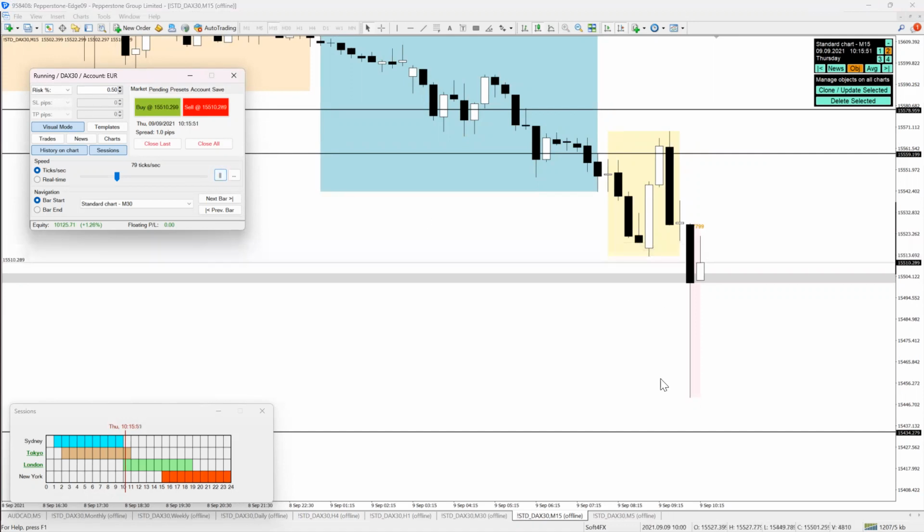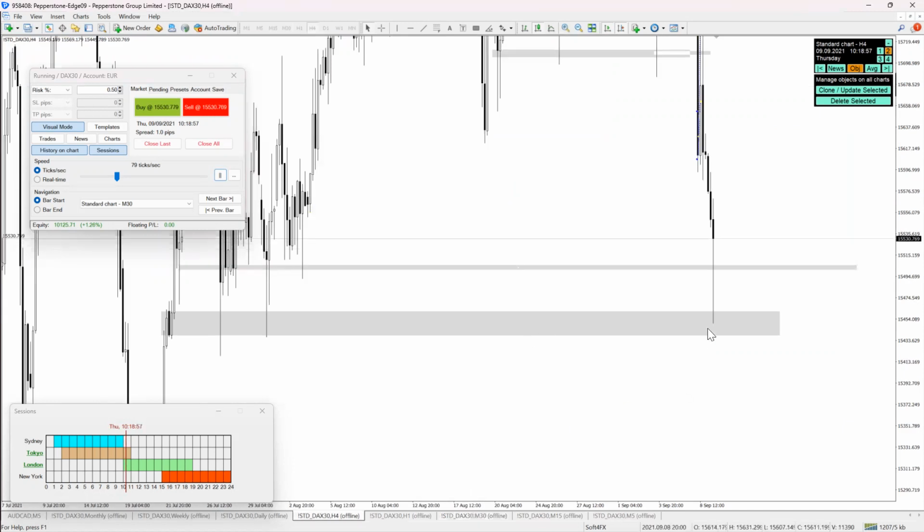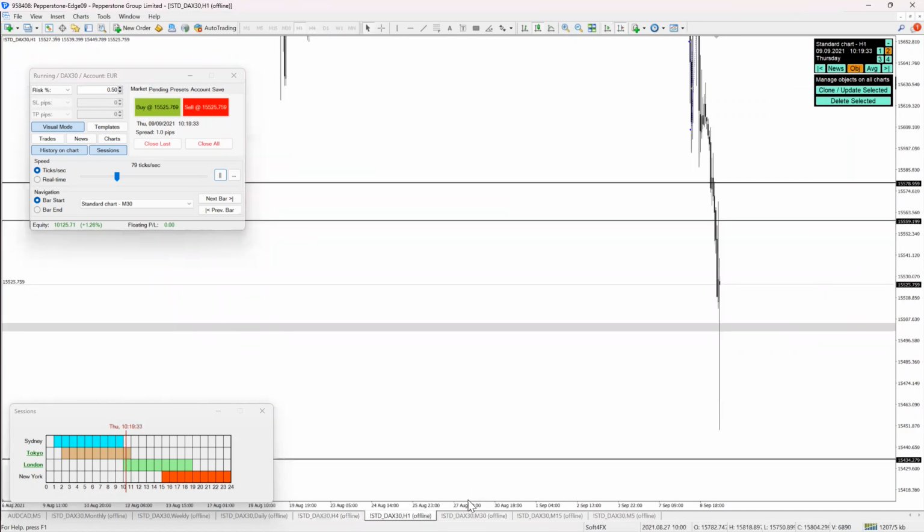Would have been dangerous to enter in a buy. Candle with no top wick. Yeah, I should have executed from here, hot water.